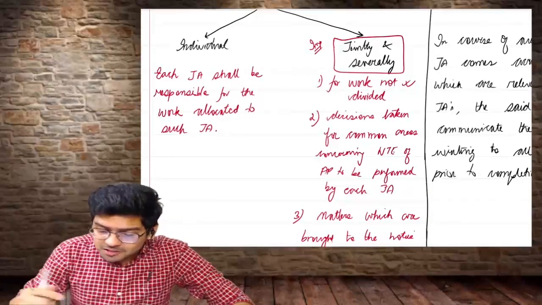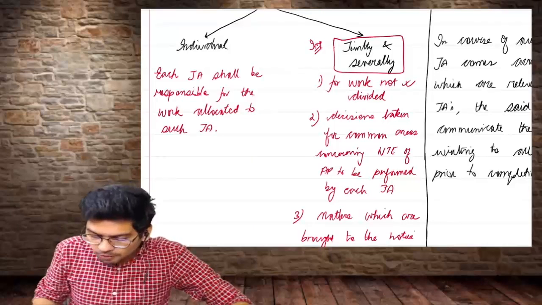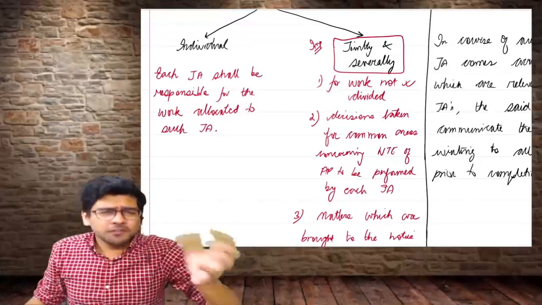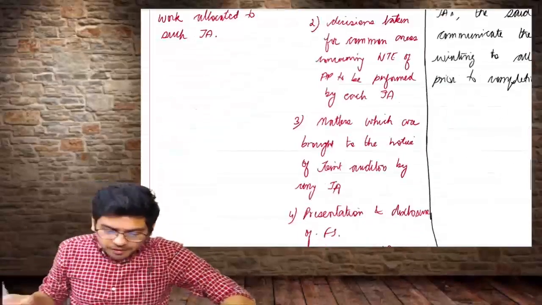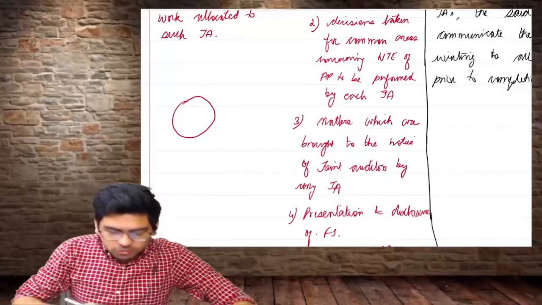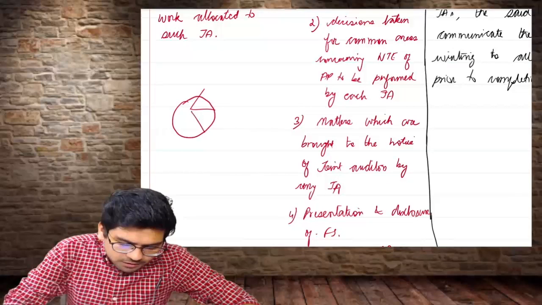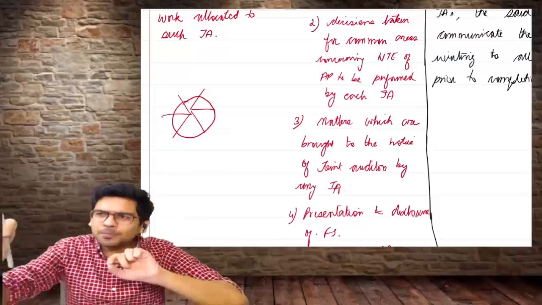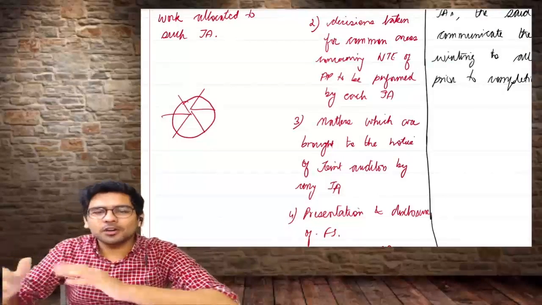Now, for the decisions taken for common areas concerning nature, timing and extent of audit procedures to be performed by each joint auditor. For the work which we have not divided, obviously we all will be jointly responsible. But let's say this is a common area, and in this common area also we decide that this will be done by you, this will be done by me, this will be checked by me. We all will be involved. One auditor will be doing this part, and a third auditor will be doing that part.